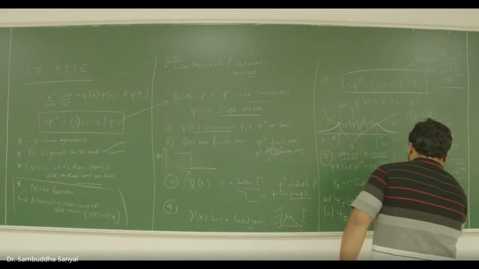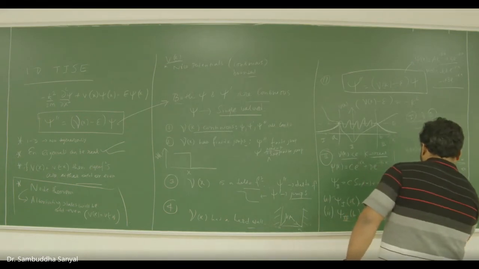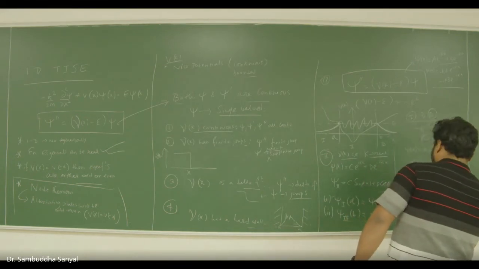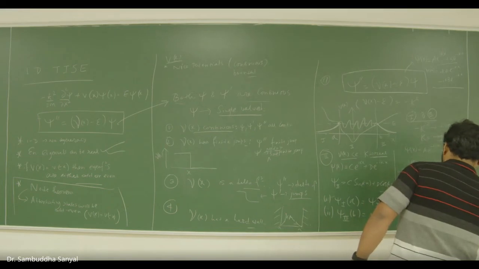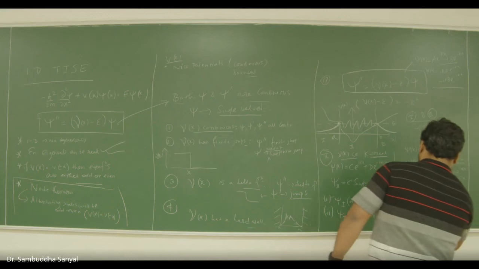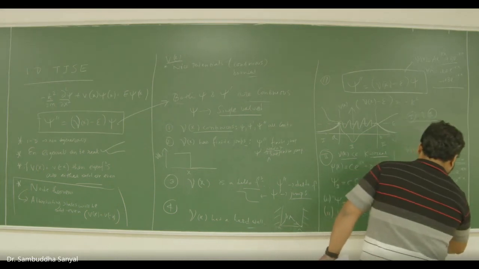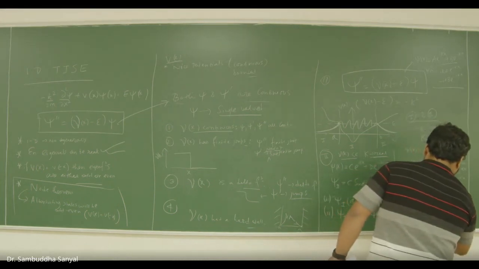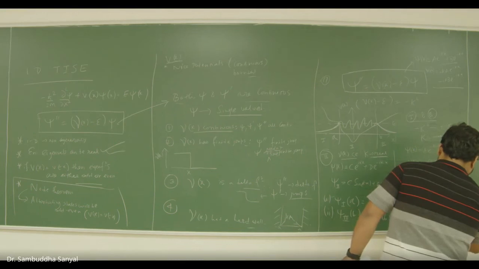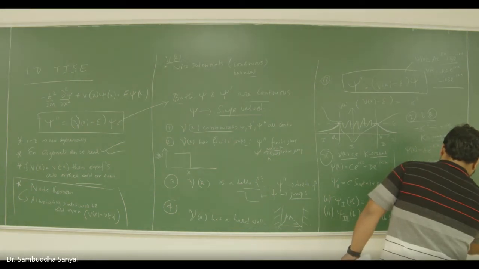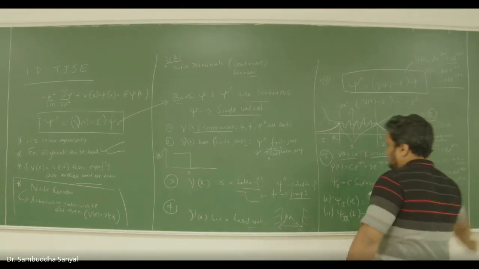So the derivative gives me the same thing, a third and fourth criteria: psi 1 prime at A equals psi 2 prime at A, and psi 3 prime at B equals psi 2 prime at B. Now this is neat.